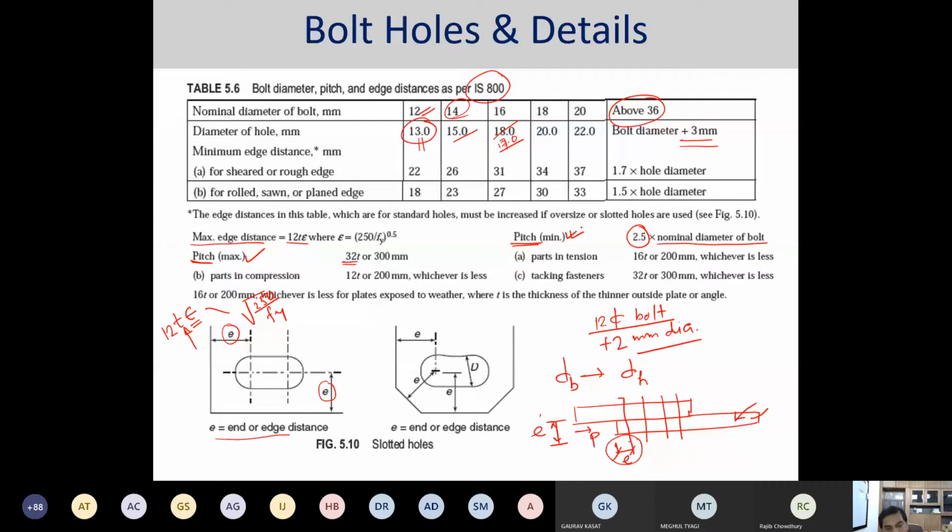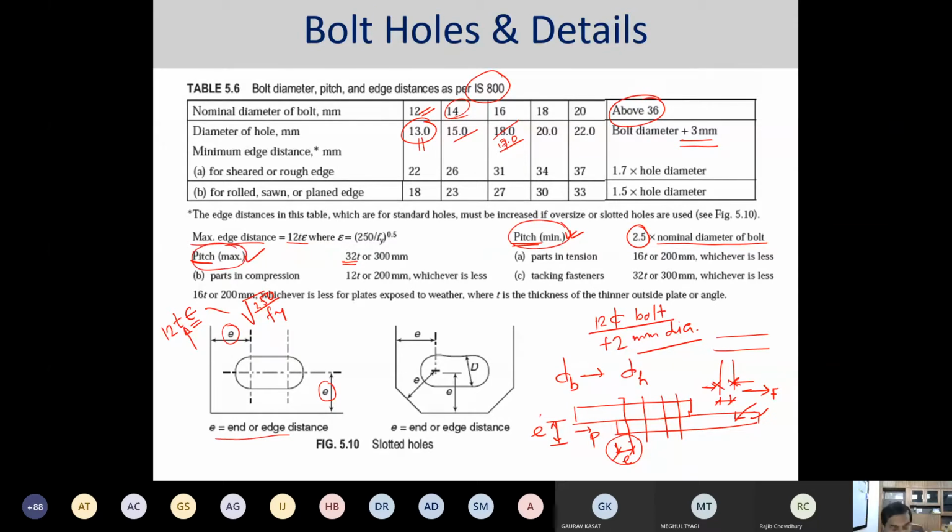Sorry, I should not say row, because if you consider a row in terms of a matrix, you might find the row is something different. I mean the distance between these two bolts in the direction of the force is called the pitch. There is a minimum pitch and a maximum pitch.